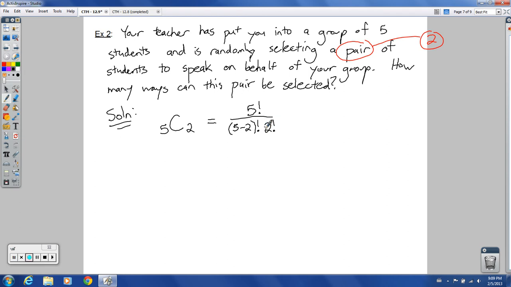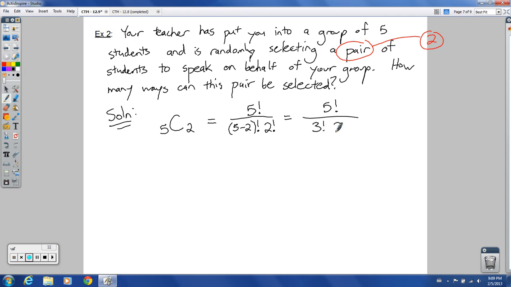If you write factorial next to a number like this, we can assume it's multiplication in between. If you want to add the dot in there, you could, but if you leave that out, just assume multiplication. So from here, what are we left with? We have 5 factorial on the top, and 5 minus 2 factorial becomes 3 factorial, so I don't need the parentheses anymore.